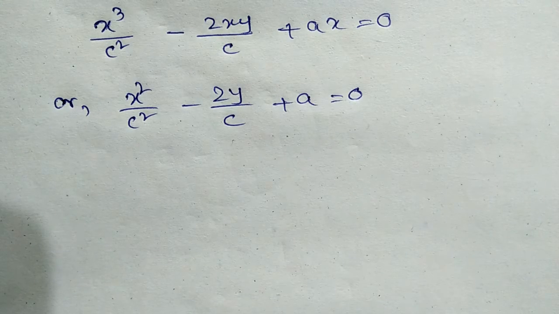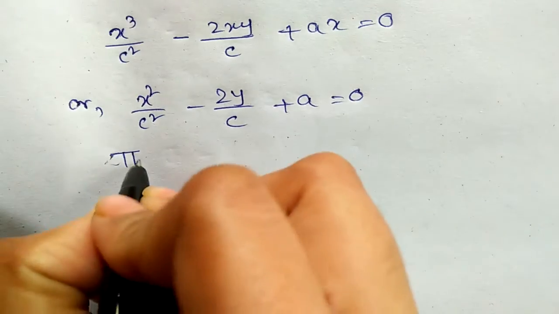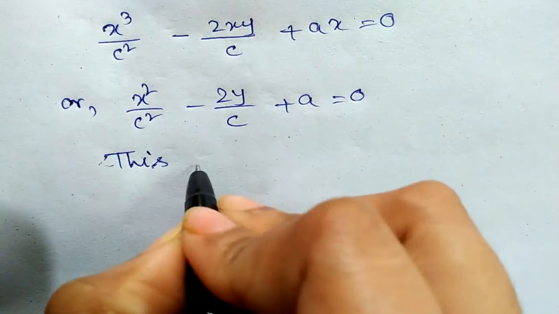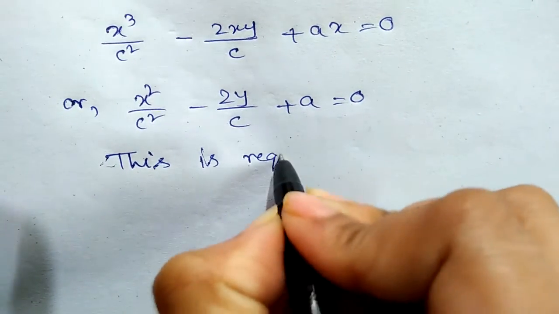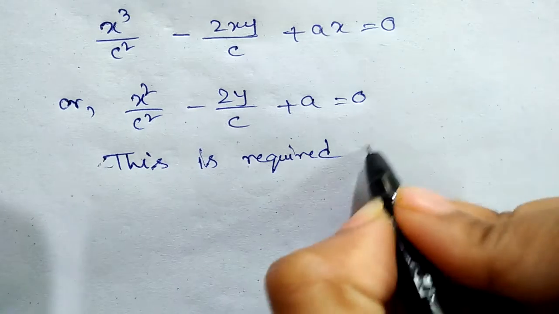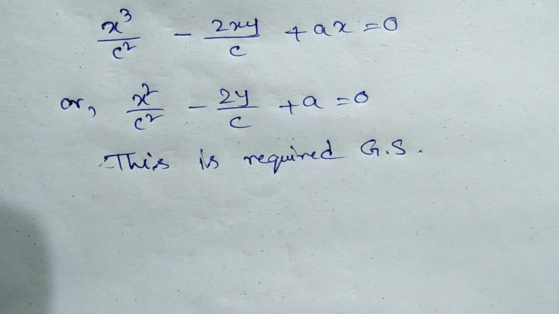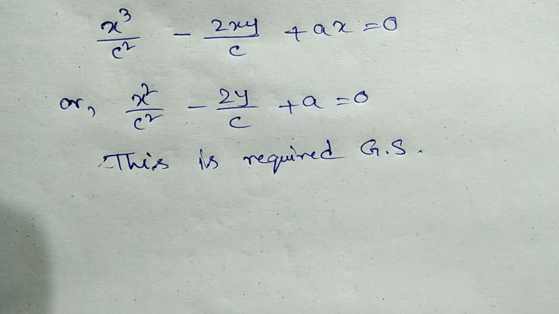So simplifying we get this, and this is our required general solution of the given equation. So in this way we use the technique solvable for y for type 1 problem.